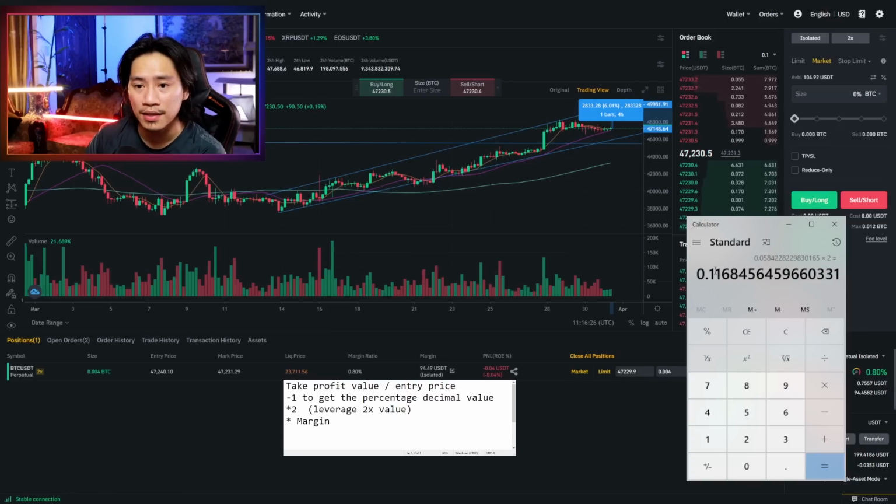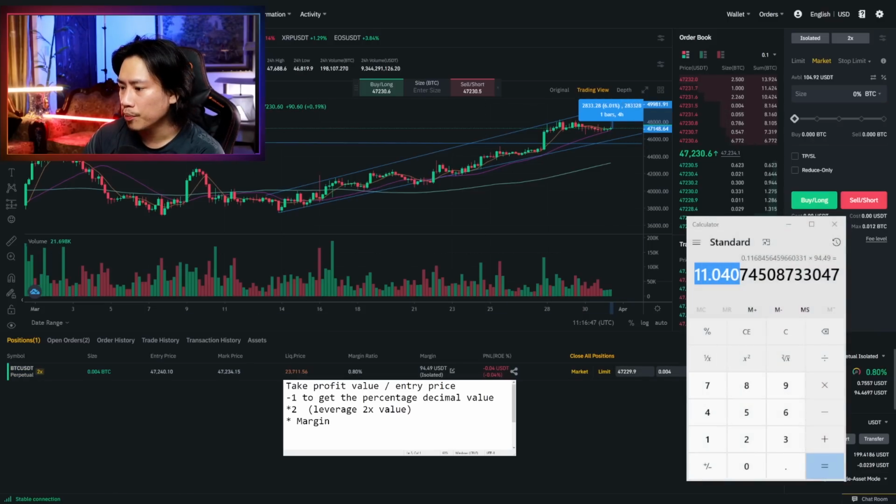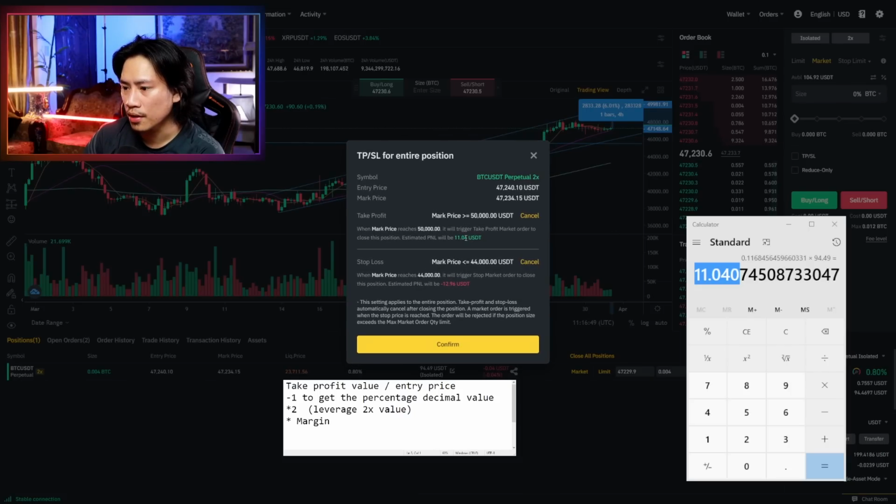Okay, so that is 11.684 and so on, and then you multiply that by your margin, which is this one right here, 94.49. So whatever your margin is, that is what you will be using. It will give you 11.0407, which shows you this one.